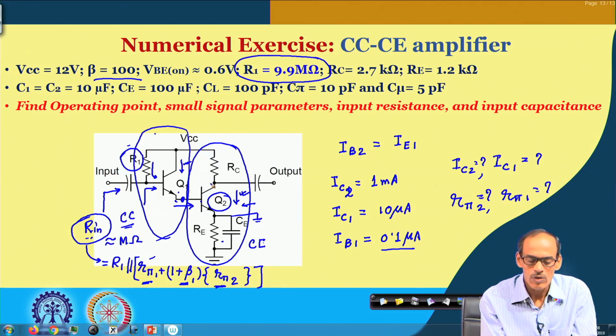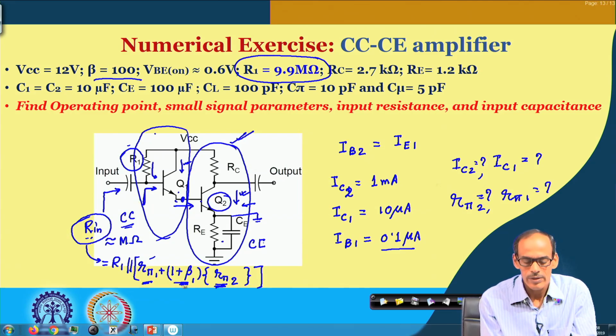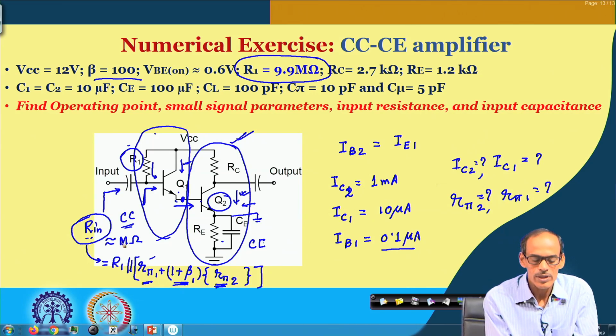On the other hand, if I consider the input resistance of this stage only, R pi 2 may be in the range of kilo ohms, and the resistance we get here is multiplied by 100. So, I should not say mega ohm, it will be in the order of sub mega ohms, I should say hundreds of kilo ohms.